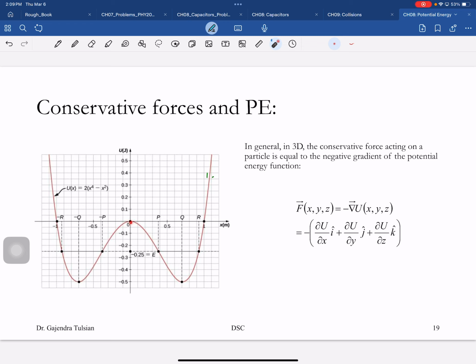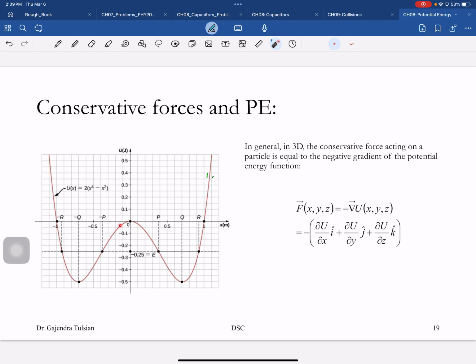Let's go over here. If I move to the right, dU by dx is negative. Negative of negative is positive. The force is in that direction. You move away from this point, and the forces are taking you further away from that point.